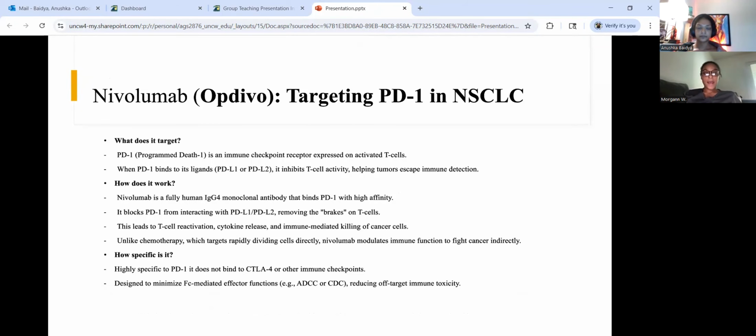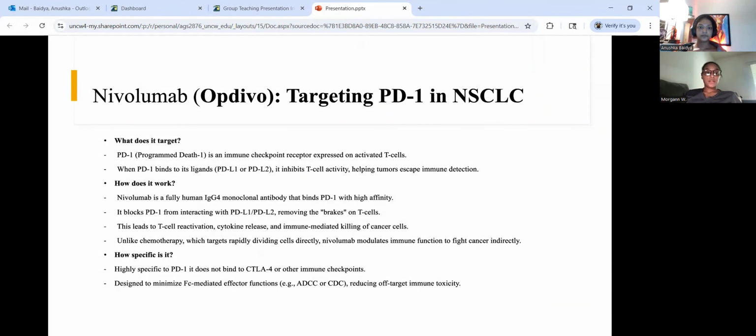And so what happens is the PD-1 binds to PD-L1 or PD-L2, depending on the case, and then it inhibits T cells from being activated. So it allows tumors to mitigate the immune system.